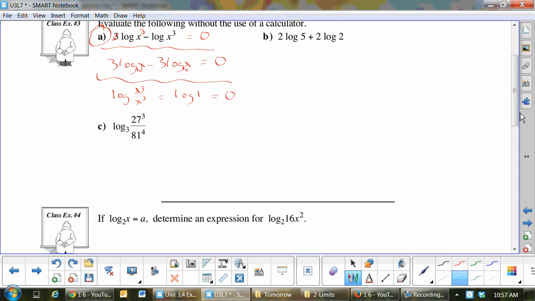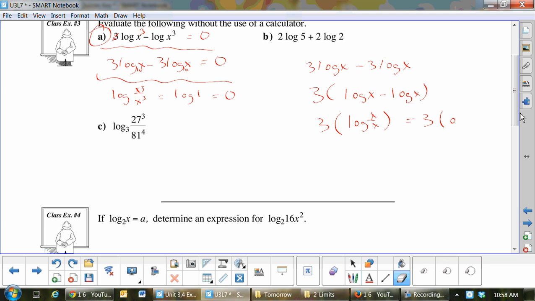Okay, what's another way we could have done this one? We're not going to do B or C. Yep, so we got room there. Okay, so I'm going to put 3 times log 1 equals 3 times 0 equals 0.